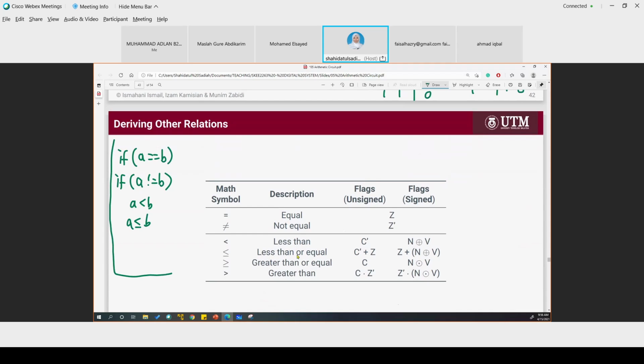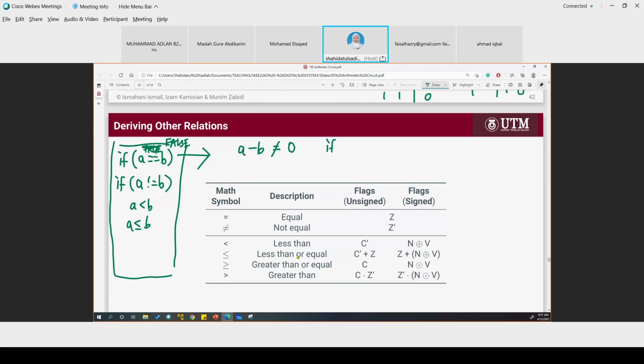When the computer compiles your program, inside the hardware, what it is doing is subtracting A minus B. If this is equal to 0, it means this is true. If this is not equal to 0, it means this is false. So when we want to check if this is equal to 0, how do we check?